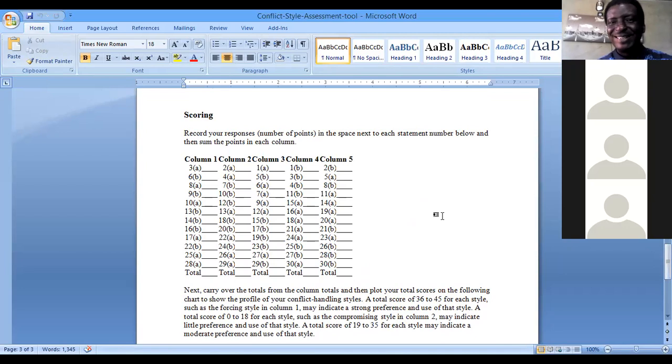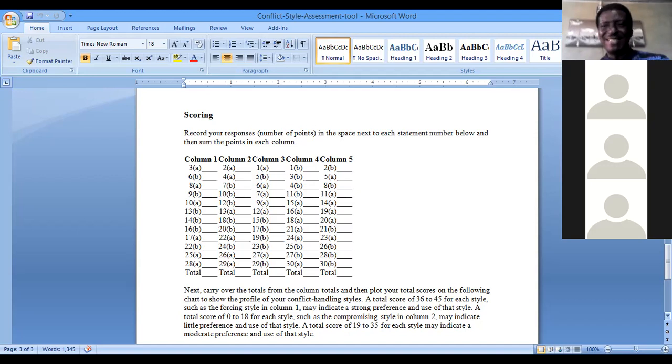Column 1. 24. Okay, column 1, 24. Column 2. 31. Column 3. 25. Column 4. 25. Column 5. 45. So the highest is column 5.